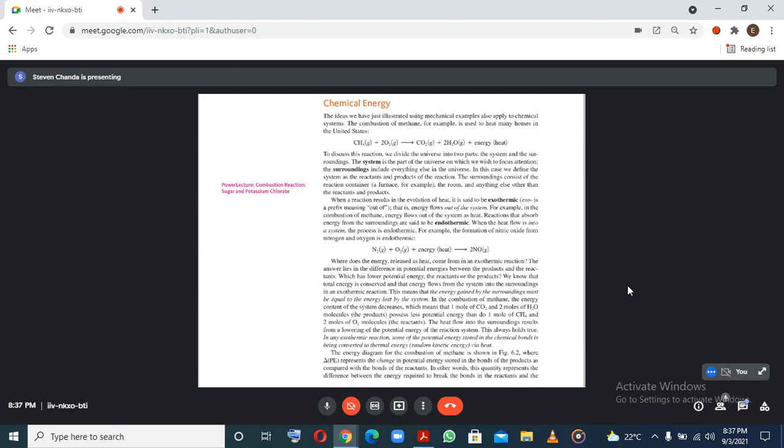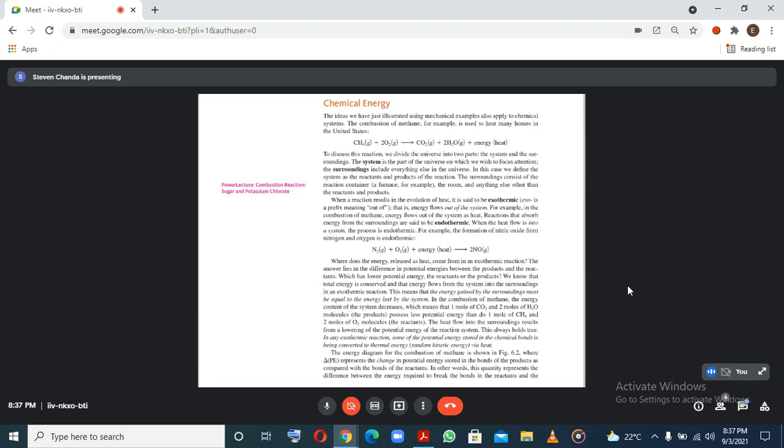So, of course, with regards to heat or energy: when a reaction results in the production or evolution of heat, we call that an exothermic reaction. That is, energy flows out of the system.